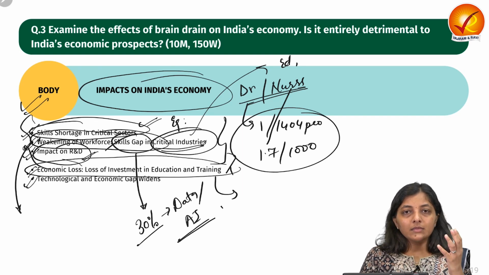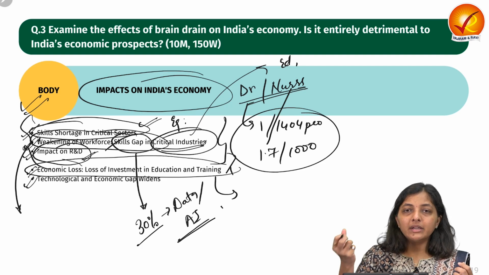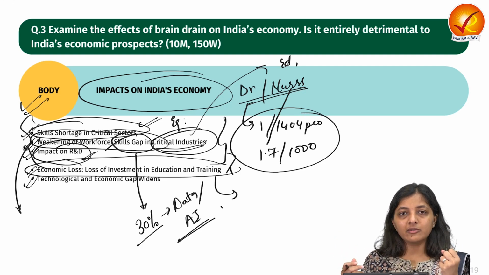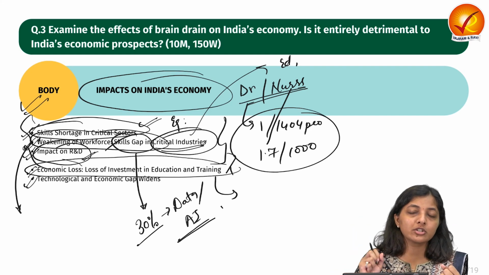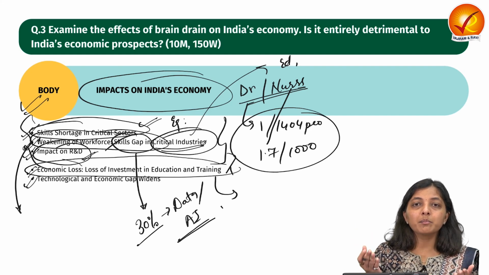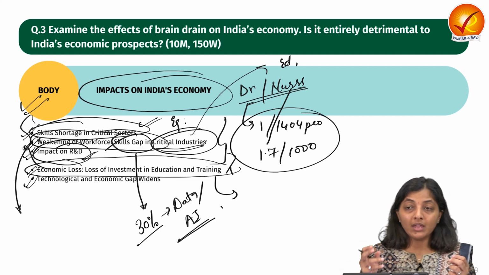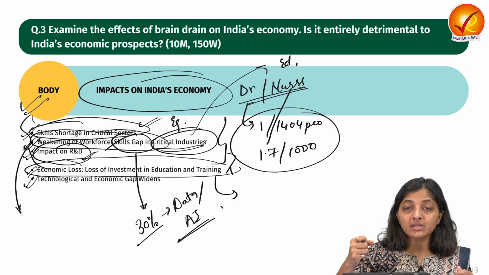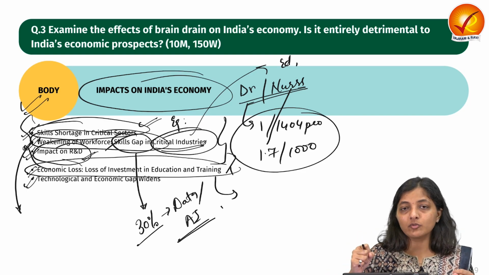Next, people are migrating to other developed nations. It means there is a shortage of skilled workforce here and a concentration of skilled workforce in other nations. This creates an imbalance between these two nations. When the concentration is there, economic development, societal development and technological advancements follow.